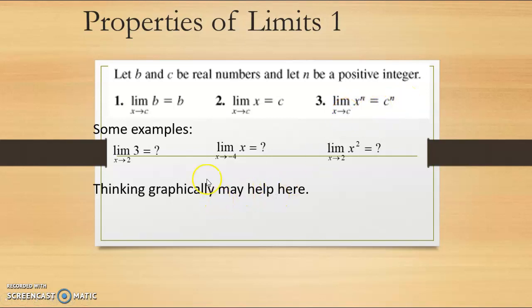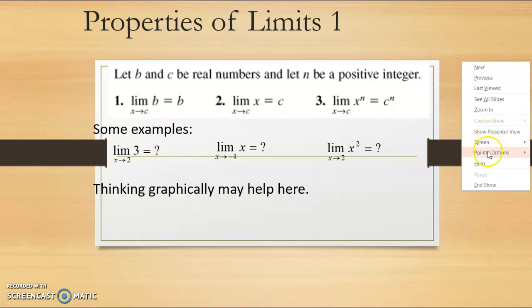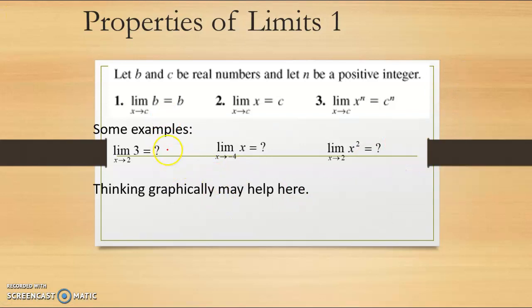Here we'll see some examples for each category. The limit of 3 as x goes to 2: according to our property, the answer is 3. The next one, the limit of x as x goes to minus 4, the answer is minus 4.